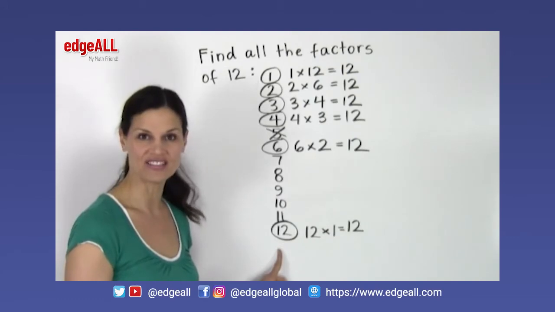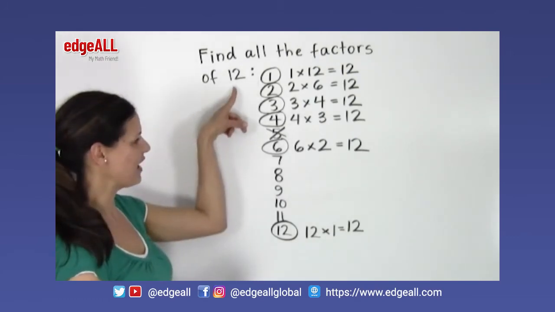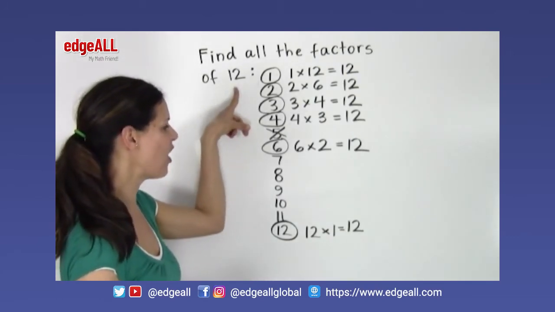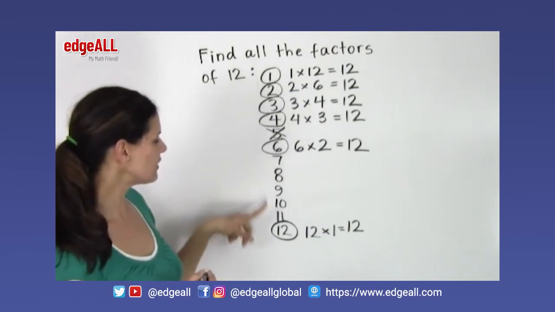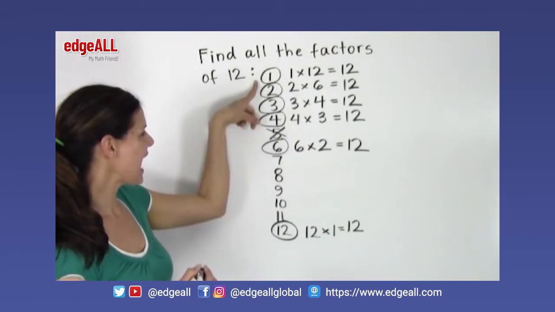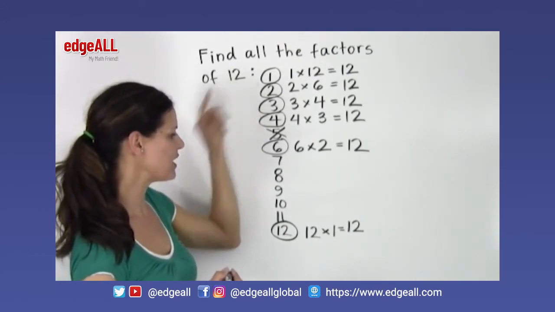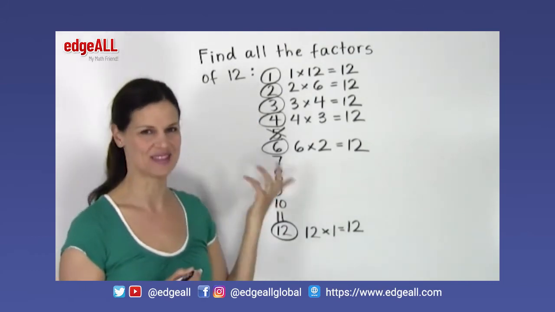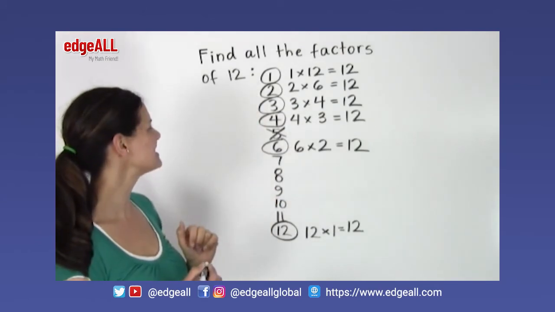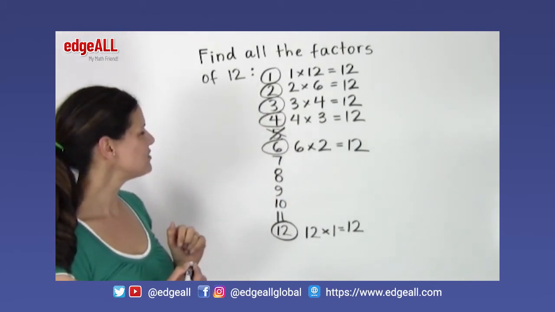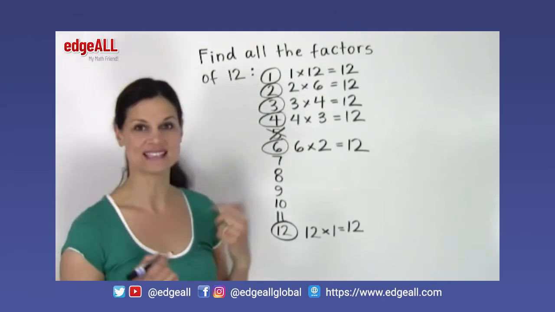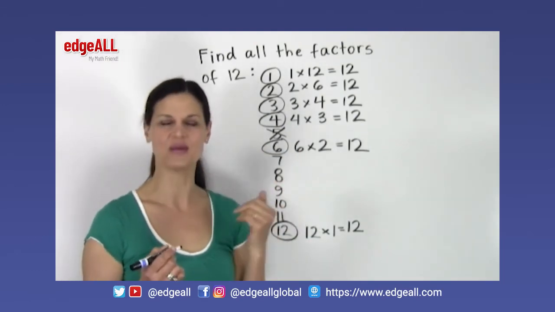So 12 is a factor of 12. And this is always true. The number 1 and the number itself are always going to be factors of the number when you have a problem like this.